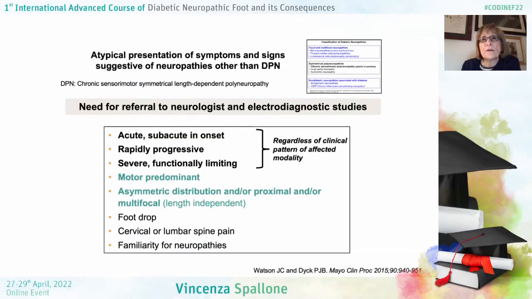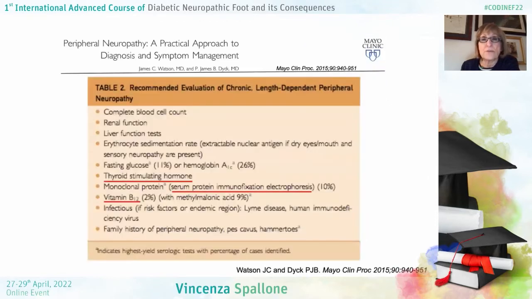The electrodiagnostic studies are not needed, as also previously said, apart from the cases where an atypical presentation of symptoms and signs makes uncertain the attribution to diabetic polyneuropathy of neuropathic signs and symptoms.